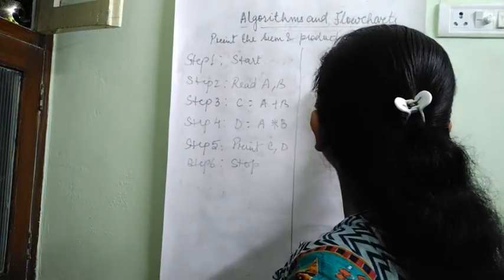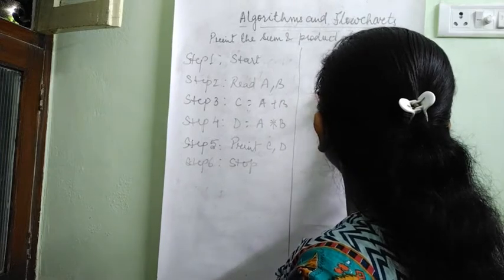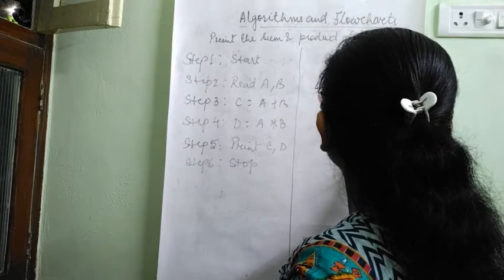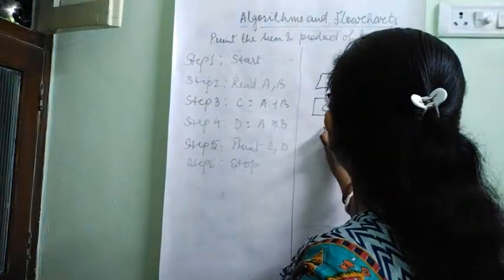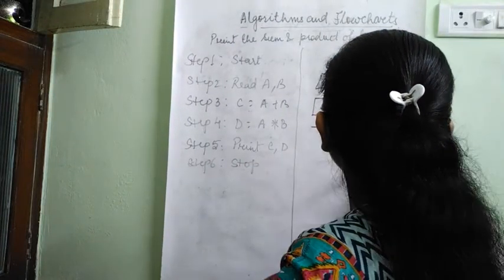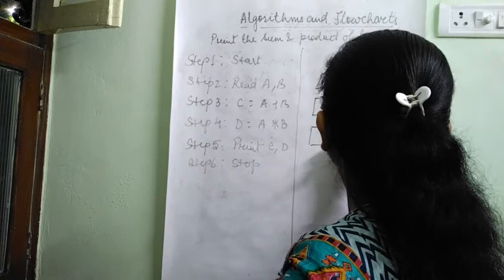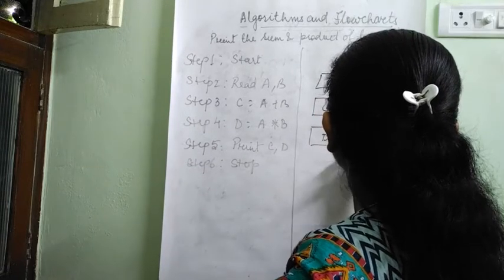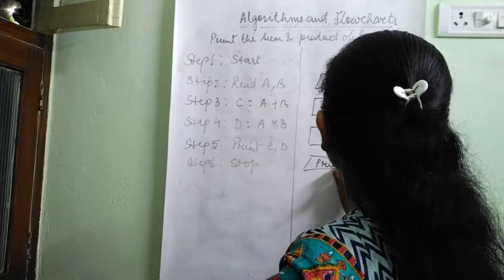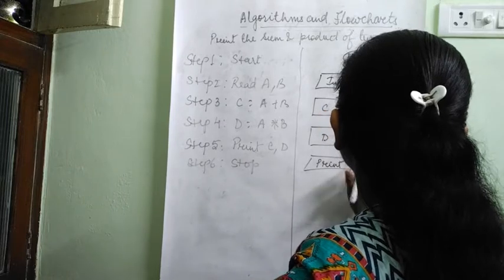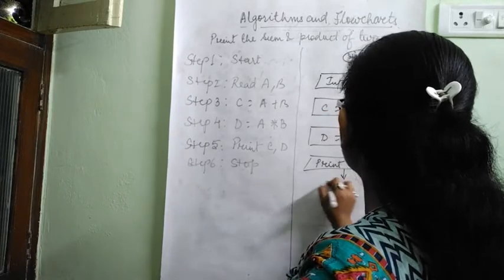Start. Input A comma B. Process C is equal to A plus B. Again process D is equal to A into B. Then print C and D. Then stop.